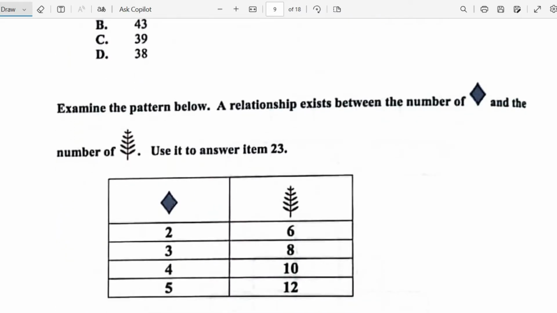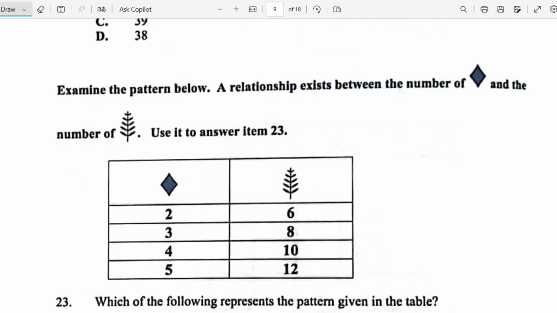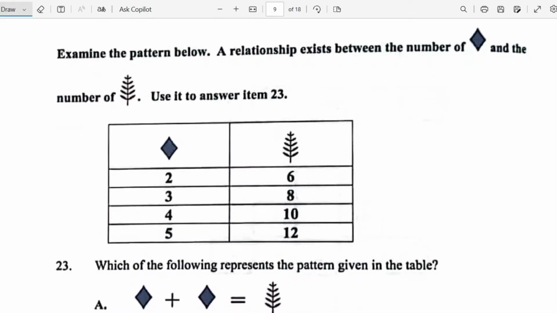Next question. Examine the pattern below. A relationship exists between the number of diamonds and the number of leaves. Use it to answer item 23. Let's look at the pattern. Diamond 2, leaf 6. Diamond 3, leaf 8. Diamond 4, leaf 10. Diamond 5, leaf 12. Let's see what's the pattern.